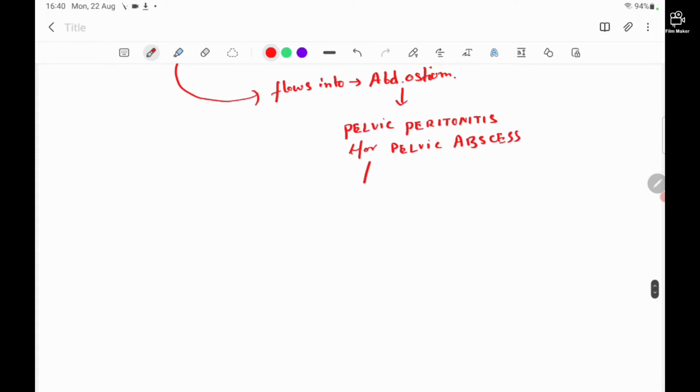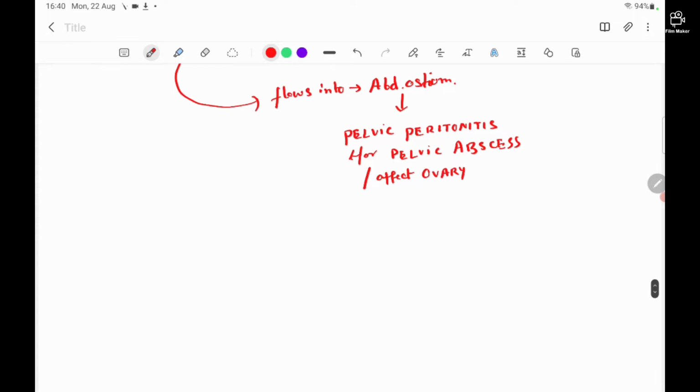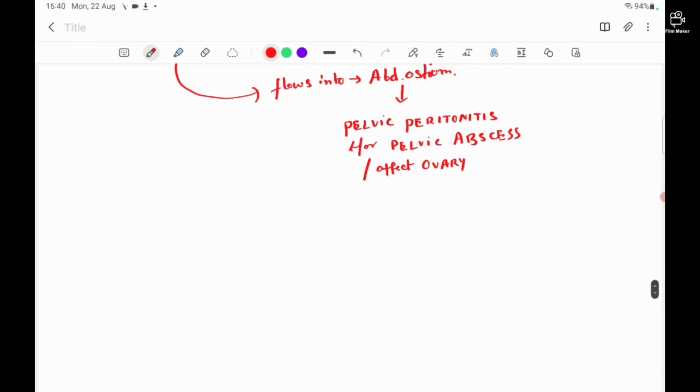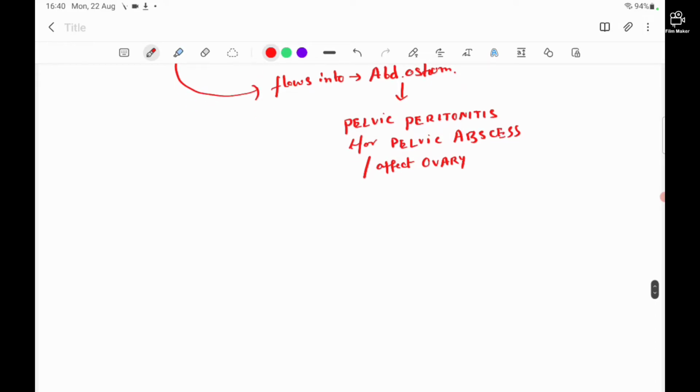Or it may affect the ovary as well. Basically, the fluid goes out through the abdominal ostium, and it can affect the nearby organs. What do we have nearby there? Just imagine the structure. We have the pelvis, so there might be pelvic peritonitis, there might be abscess, and it may affect the ovary as well.